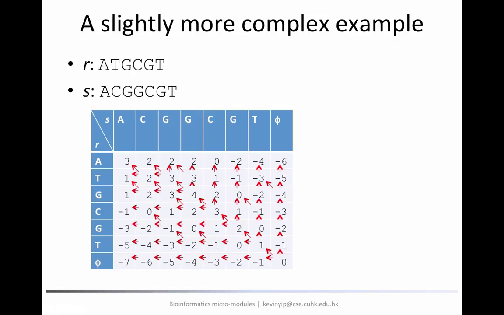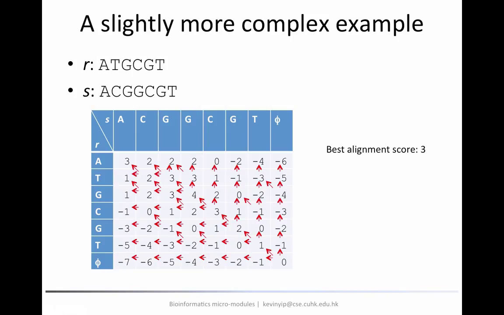This is the complete table, we're not going to fill in the numbers together here, but you can take this as an exercise if you want. After filling in the numbers and deciding the red arrows, finally, we can look at the upper left corner. We see that the number there is 3. That means the best alignment score between these two sequences is 3.